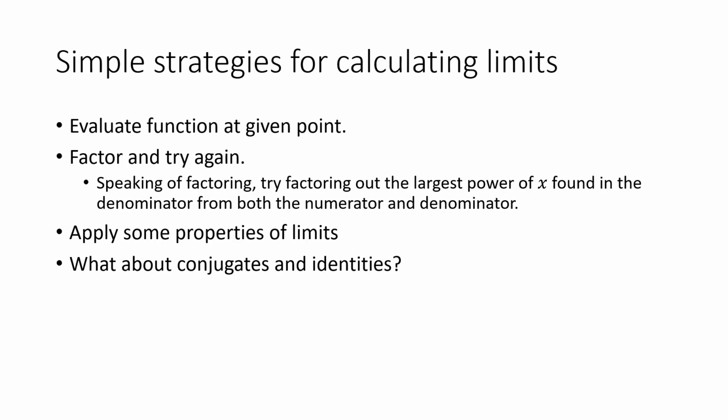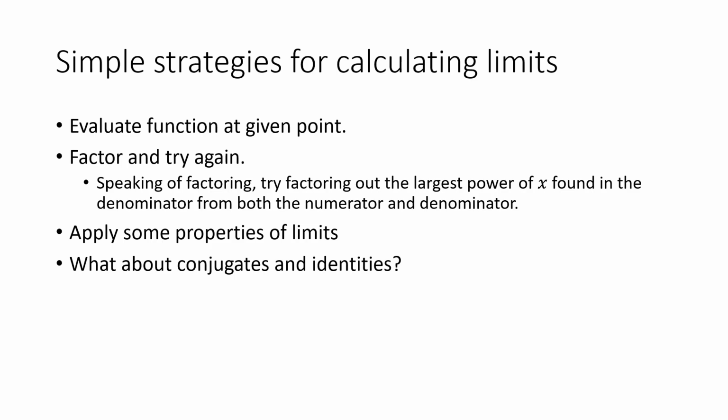That might be that you put in x equals 4 or whatever, and you get 0 over 0, and then you factor out that particular factor that is 0 at that value, and you get something that's no longer an indeterminate form. You can also try factoring out the largest power found typically in the denominator. Technically it does work.